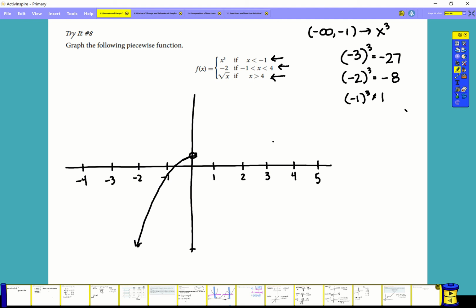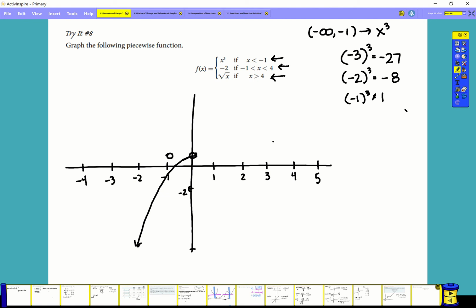If x is between negative 1 and 4, not including negative 1 or 4, y will be negative 2. So let's say this is negative 2. When x equals negative 1, y equals 1.